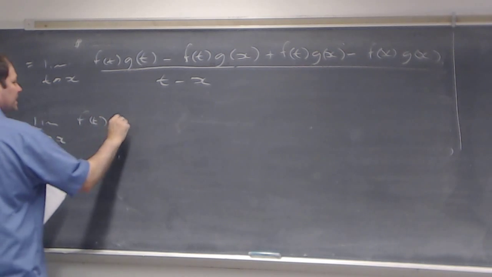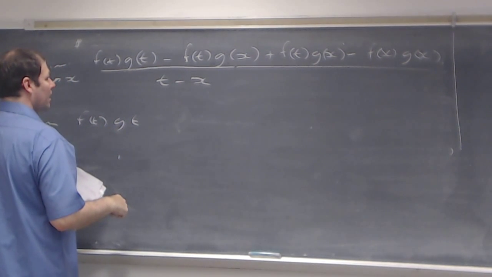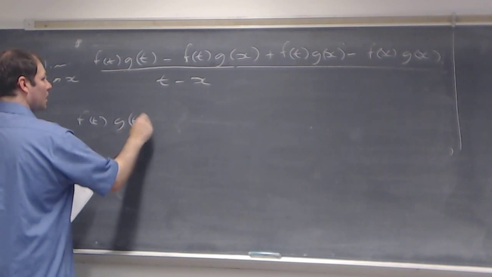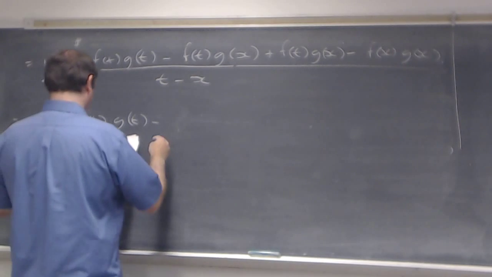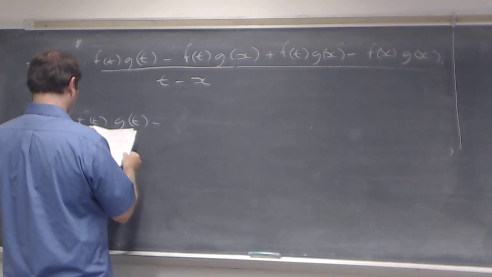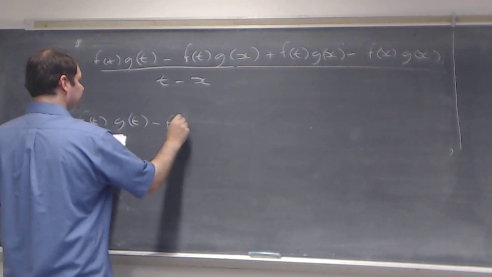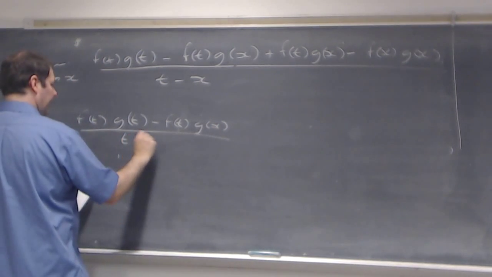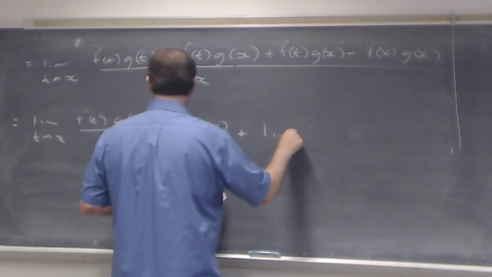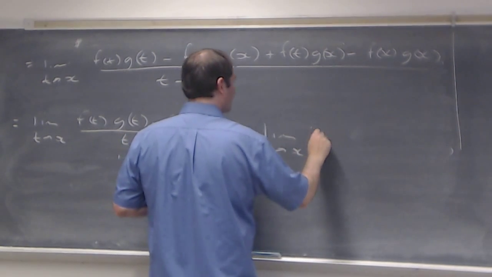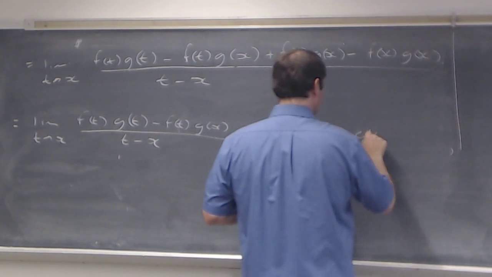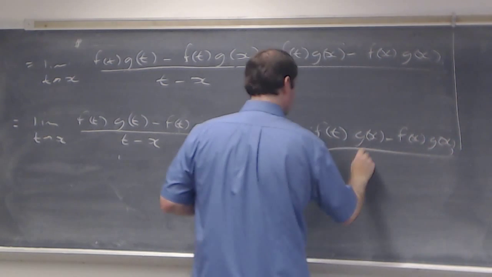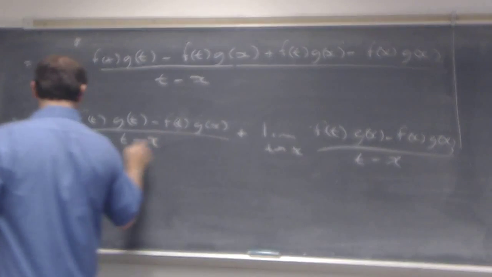All right, now f of t times g of t minus f of t g of x, so forgive me, I'll go a little slow here, over this t minus x, plus the limit as t goes to x of f of t g of x minus f of x g of x all over t minus x. Now here, there's something in common.